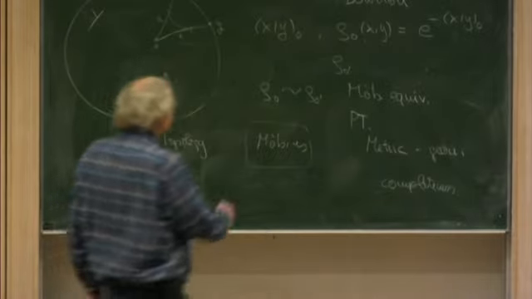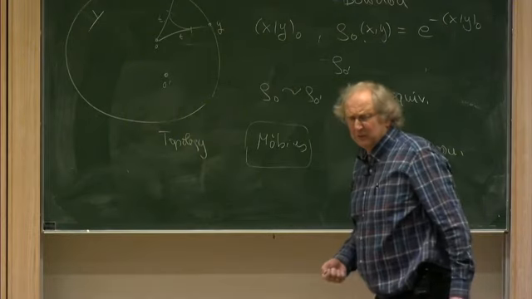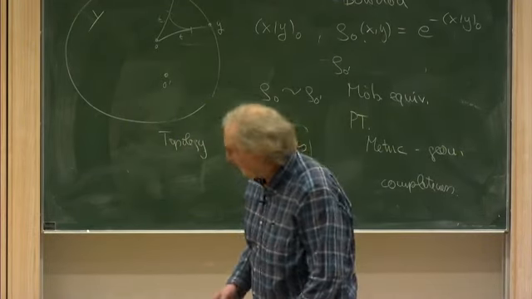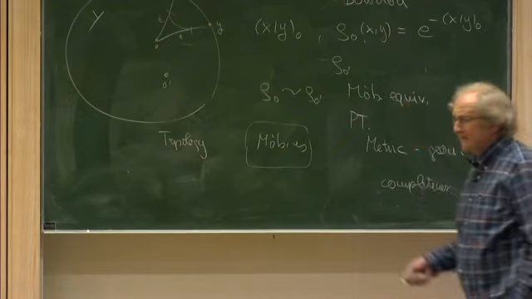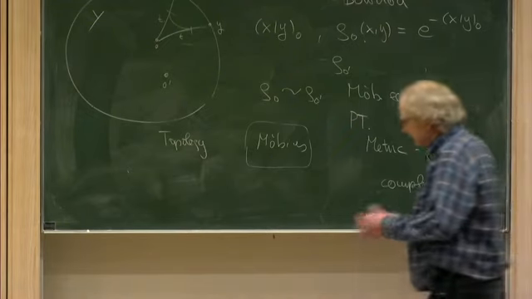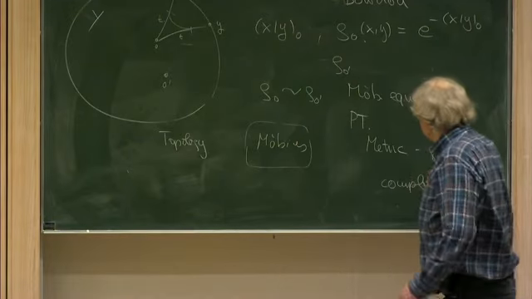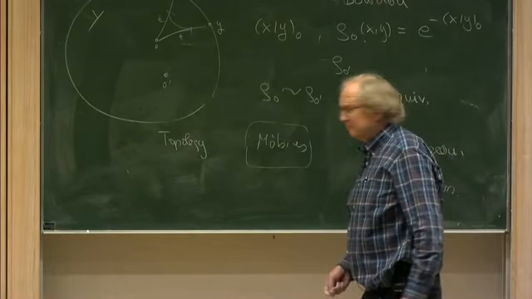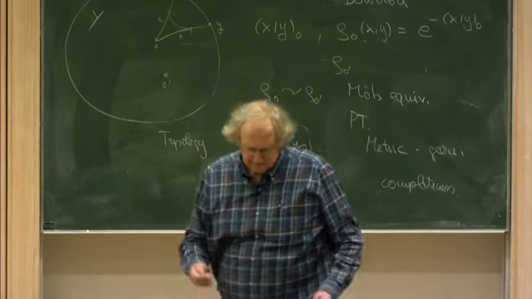So you can define what a complete Moebius structure is. And of course, also some other concepts. For example, the concept of doubling is a typical metric concept, and it's also a Moebius concept.